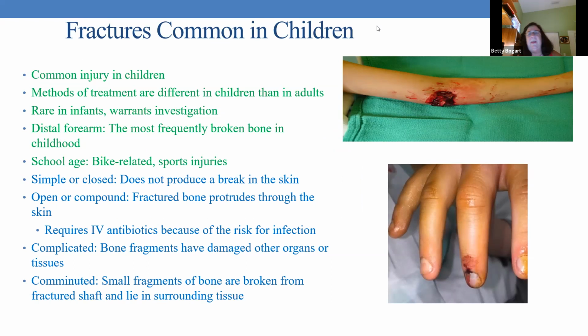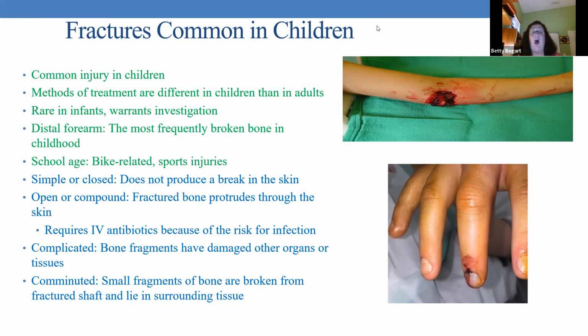Now, the one thing that you need to know about fractures is you have simple ones where bones don't come out, and then you have what we call the open or compound one. Well, we need to find out what happened. We need to do x-rays, give them something for pain if they need it.